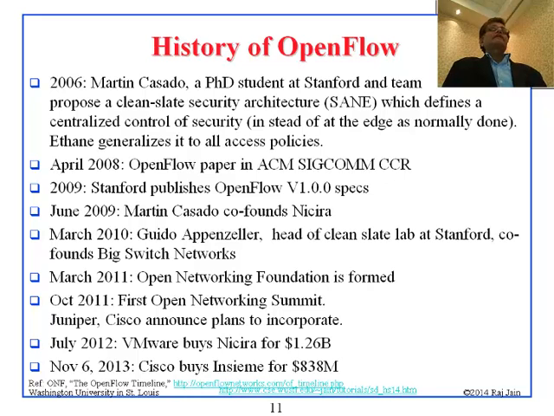Before that, in 2009 and 2010, two people from Stanford formed companies. Martin Casado formed Nicira, and Guido formed Big Switch Networks. In 2011, the first conference, the Open Networking Summit, happened, and the whole industry announced that they want to go with this.